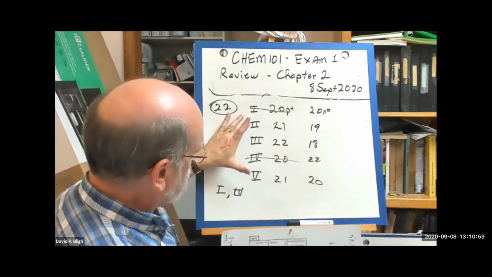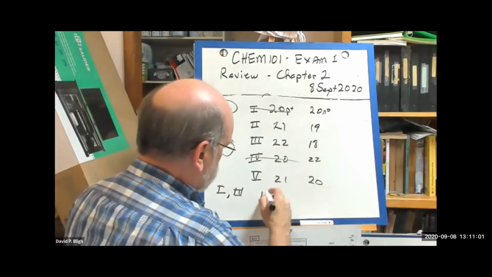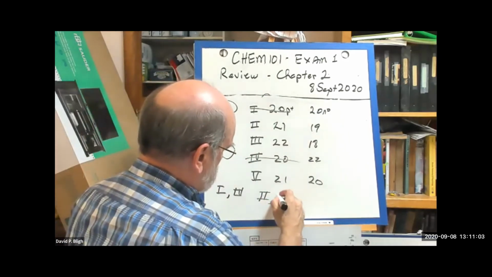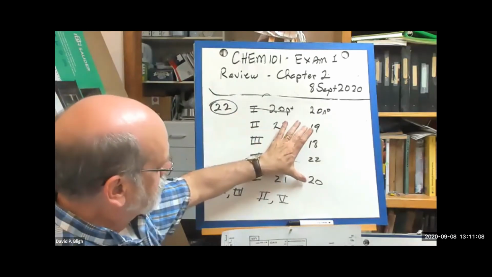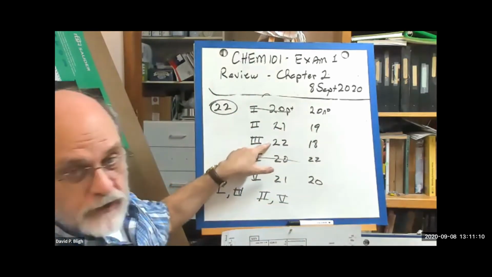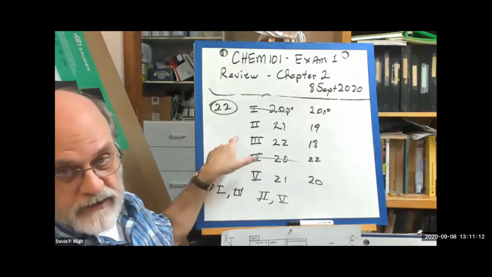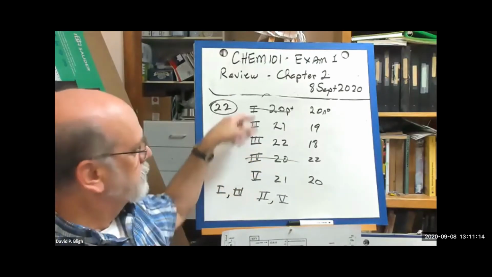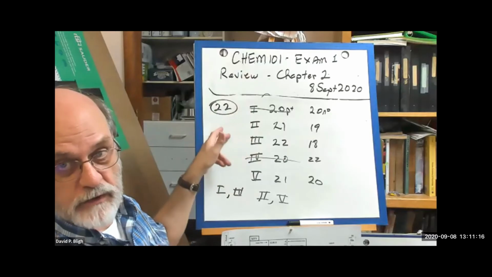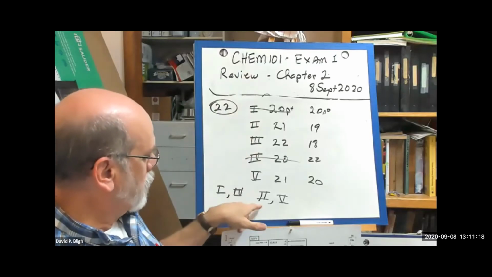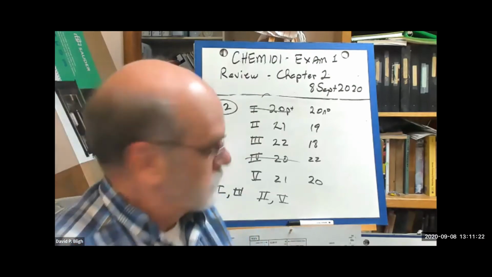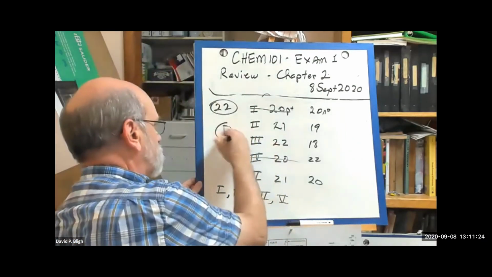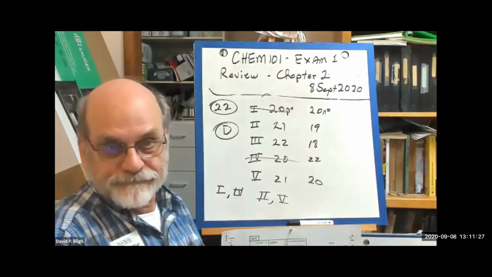So 2 and 5 match up, because they have the same number of protons, but different neutrons. And 22 doesn't match up with anybody. 3 doesn't match up with anybody, because there's no other one in there that has 22 protons. So 1 and 4 and 2 and 5, which would be D. Okay?